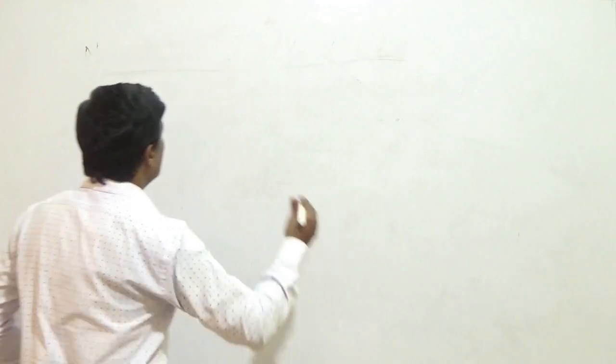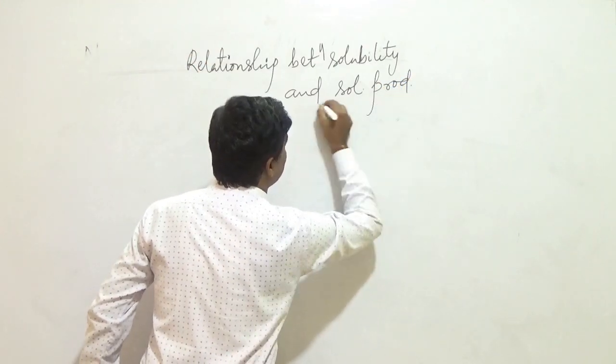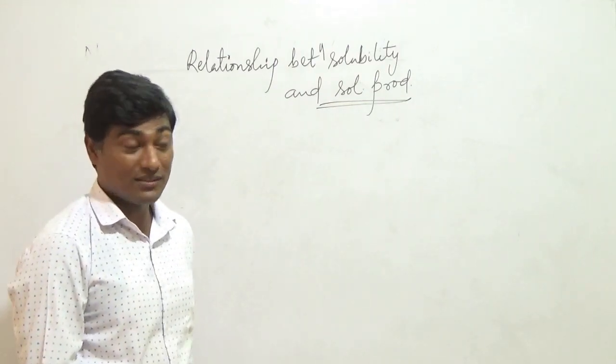Are you ready now? Let us have a relationship between solubility and solubility product. Once again, take that silver chloride dissolution.